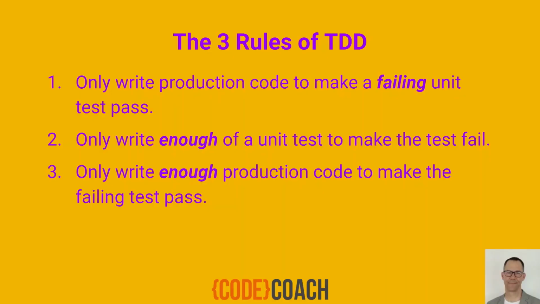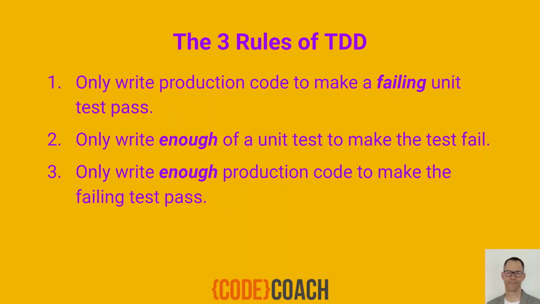Rule number 3. Only write enough production code to make the failing test pass. Rule number 3 is very similar to rule number 1, but with one crucial difference. It's the qualifier enough production code. This rule tells us that we must be very careful in how much production code we write. We want to write the minimum production code to make the test pass.